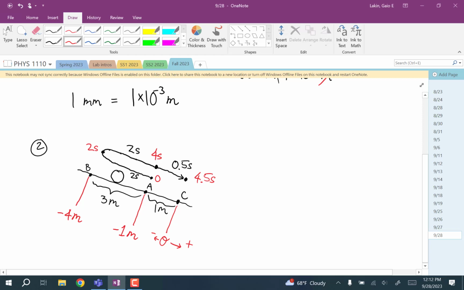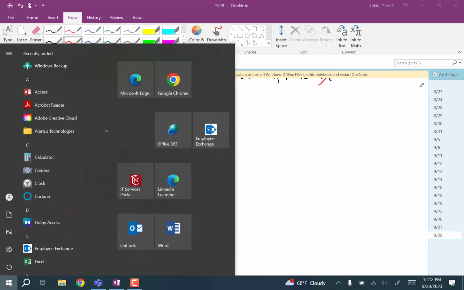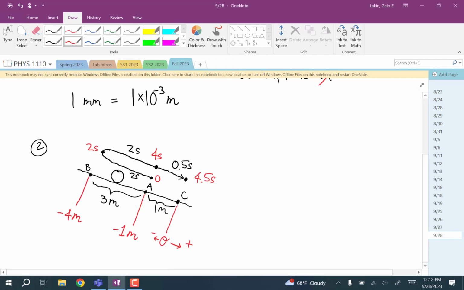Now that you have these labeled, you can see that at this first point, you're at -1, -4, back to -1, back to 0. Yeah. Because it's -1 plus 3, how is it 4? Well, we're just trying to figure out a distance from 0, so think of the distance from 0 first and then put the plus or minus on it. If you go from 0 to get to B, you have to go 1 meter and then 3 more meters.